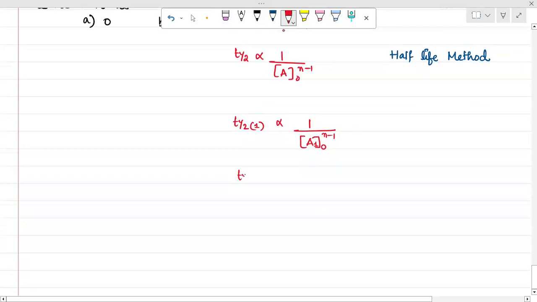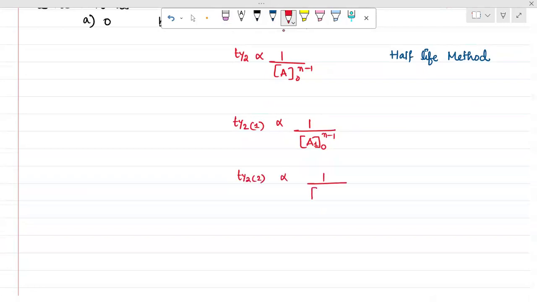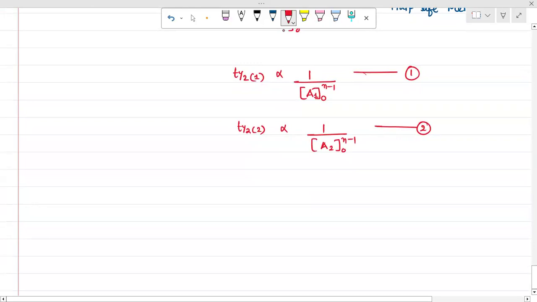And I have another half-life, T half 2, which is at a different concentration, A2, n minus 1. So if I divide 1 by 2, whatever your wishes, I will get T half 1 divided by T half 2.